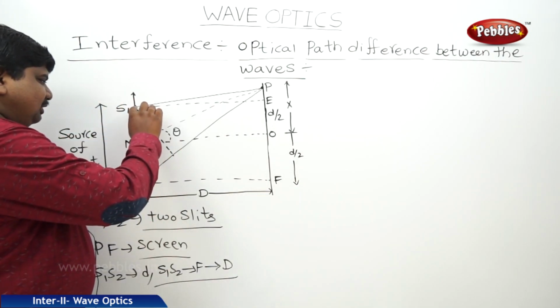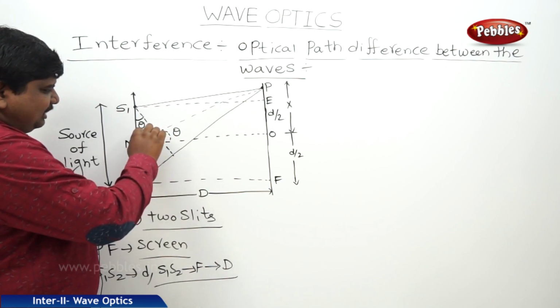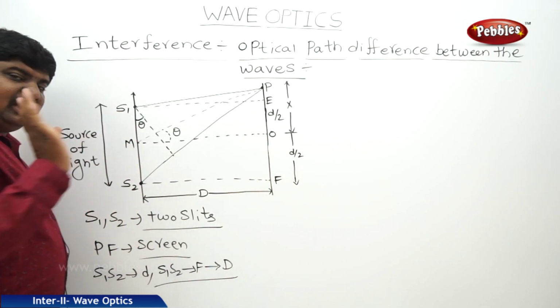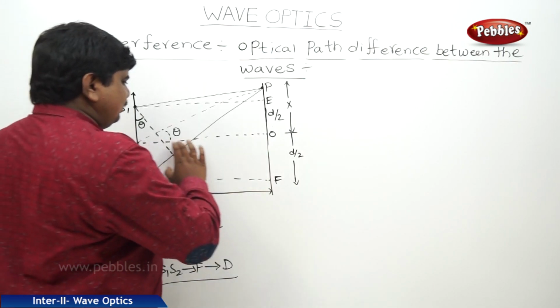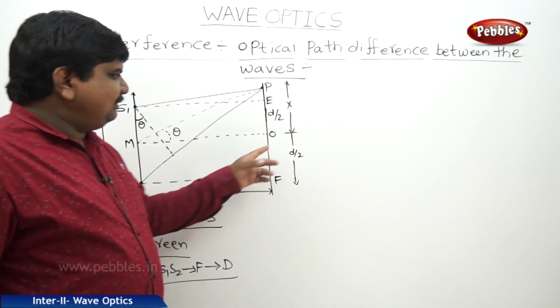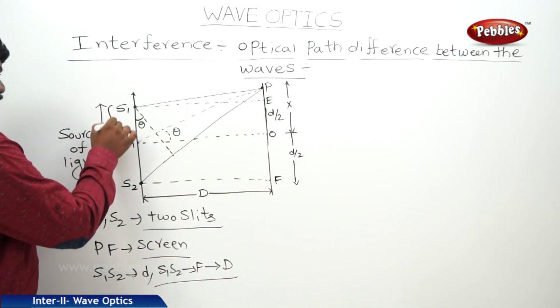So I have drawn a perpendicular from S1 to the light ray S2P. This is making an angle theta. In between S1 and S2 I have chosen a middle point M. From there I have drawn a straight line and it is touching a point O. So this O will be the middle point of the screen. The distance between the slits is small d.